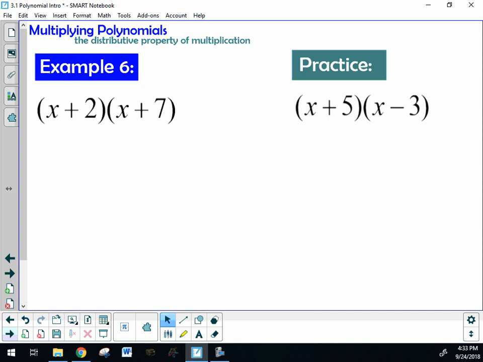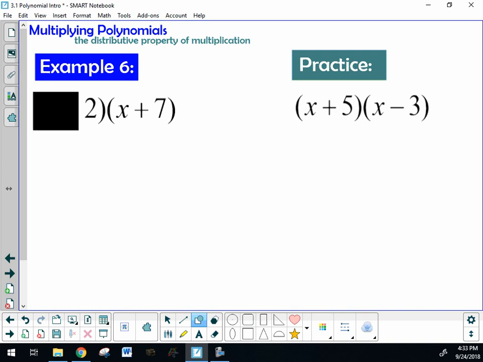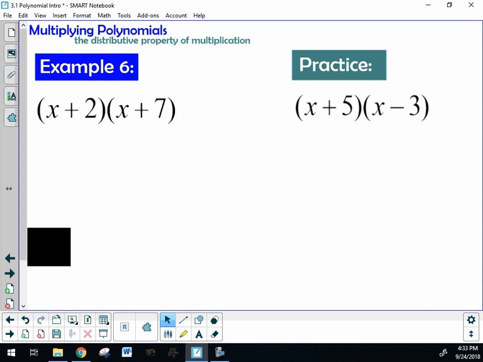Just like before, if it was just this, we would distribute the x. Well, when it's both, that means we just have to distribute both parts.